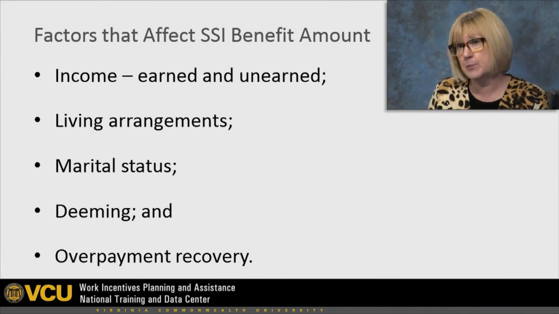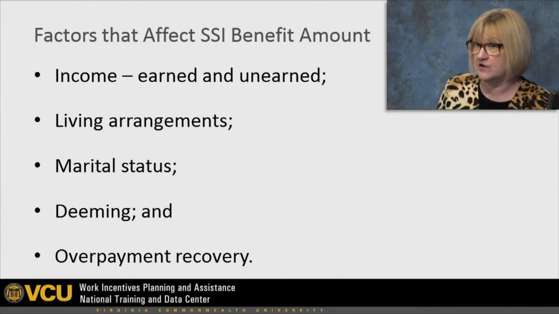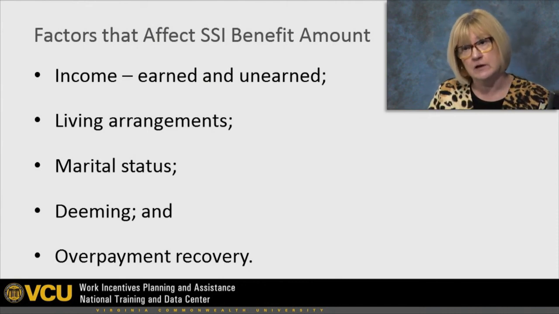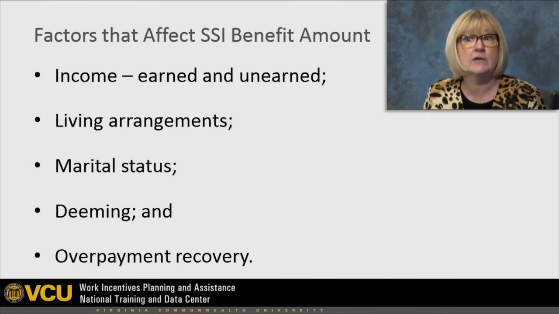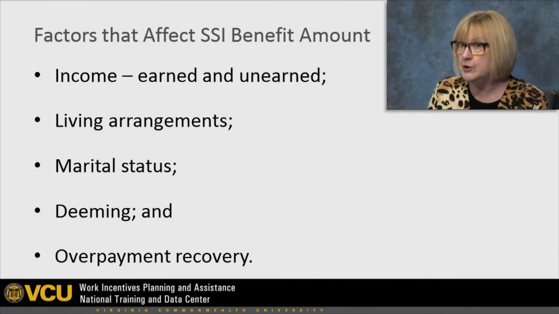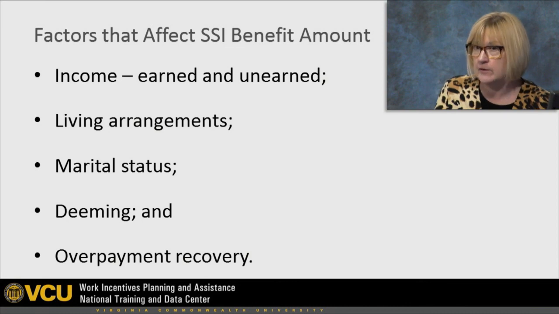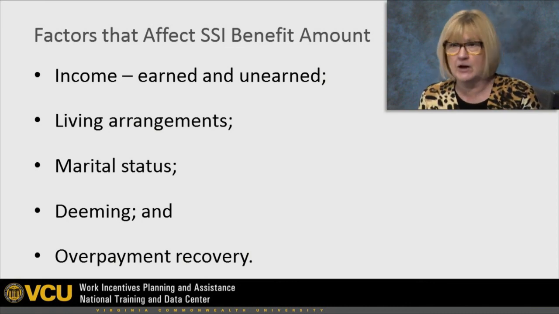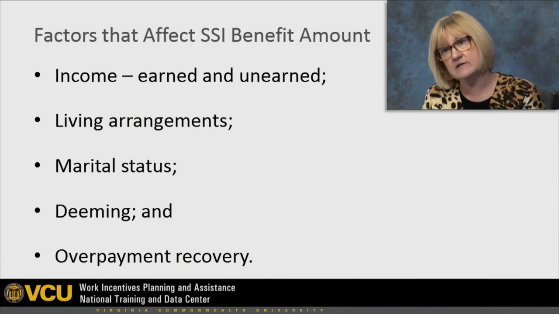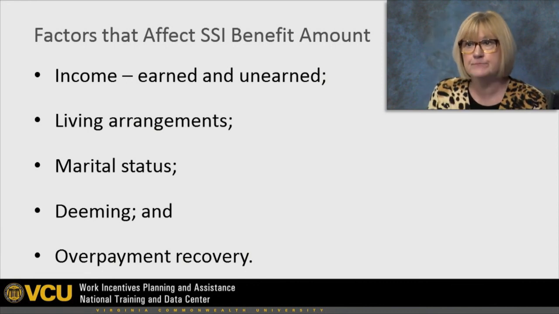And in the SSI program, they make a big distinction between earned income and unearned income. They treat those two types of income very differently. This is very new because remember, in the Title II program, most forms of unearned income don't have any bearing on your check at all. But in the SSI program, it can.